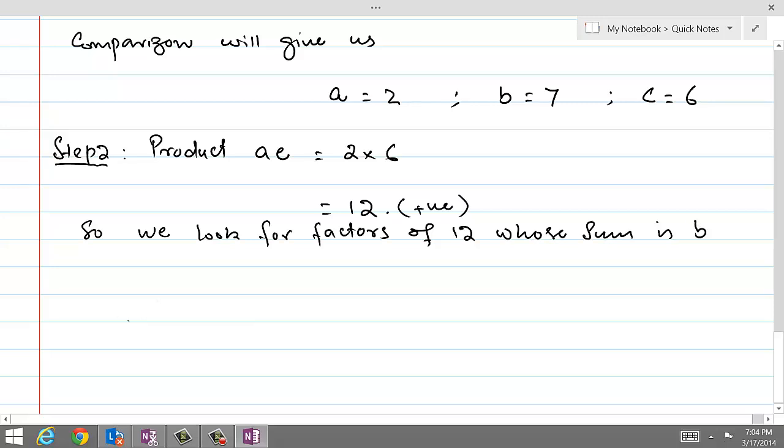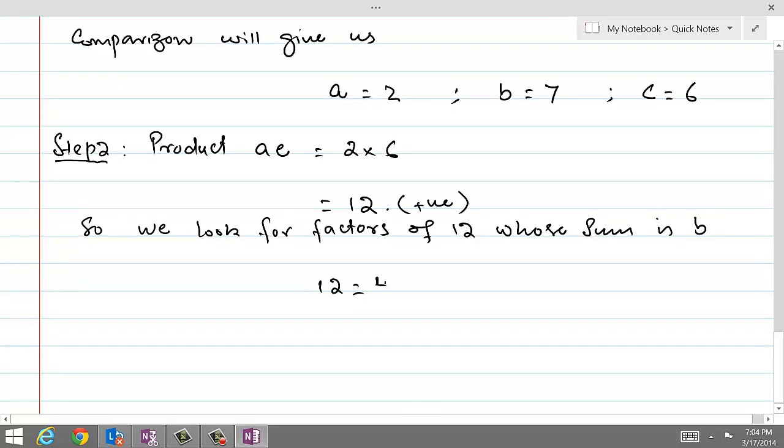So the factors of 12 we need are 4 times 3, and we can see that 4 plus 3 is equal to 7. Therefore, these are the factors we were looking for.